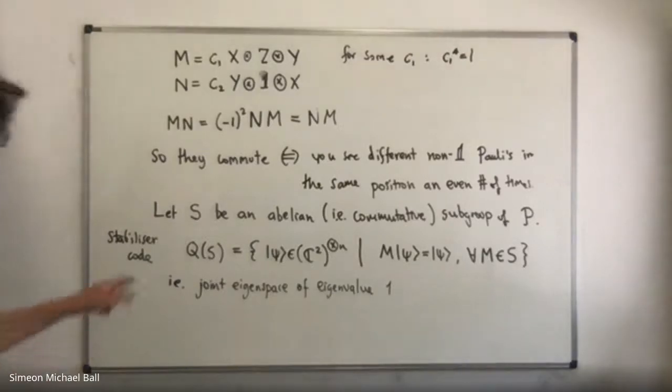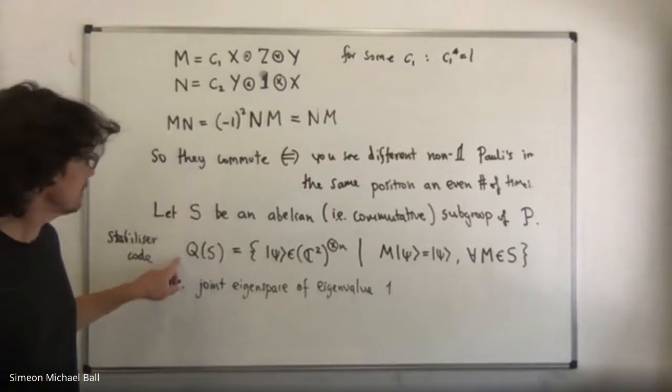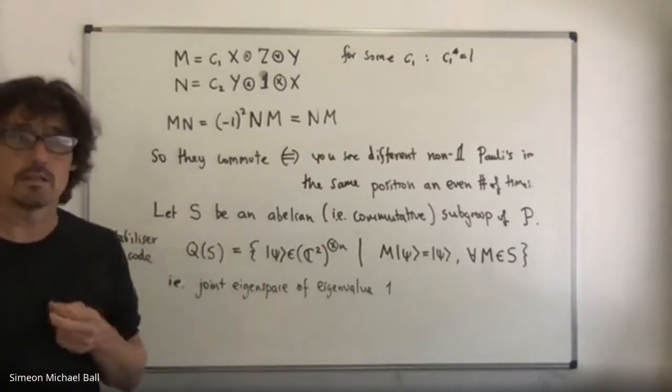I could write down an abelian subgroup, and I could say, okay, so this is QS.